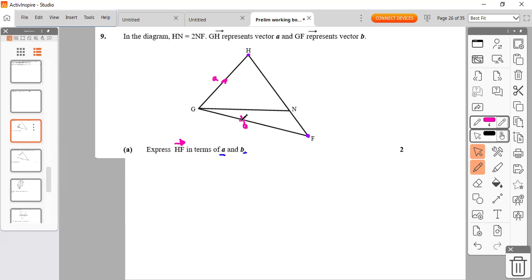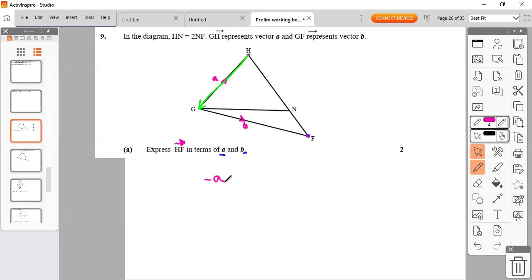Now the direction is important. A is the vector that's going from G to H, it's pointing up and to the right. Now to get from H to F, we need to go the opposite direction. To get from H to F, we need to go opposing A, or the way we write that, negative A. We're going against the flow.